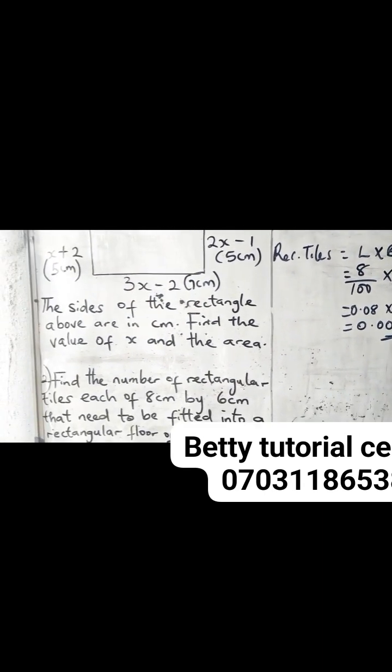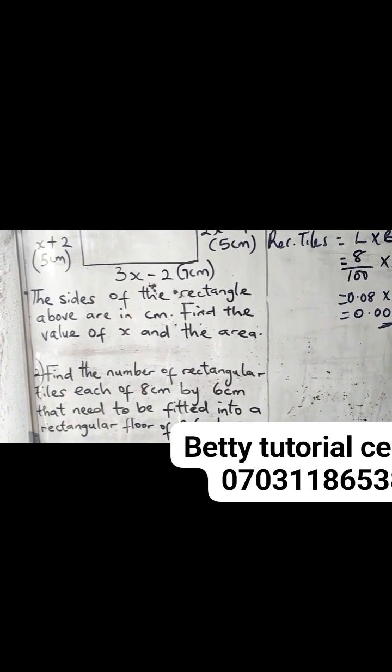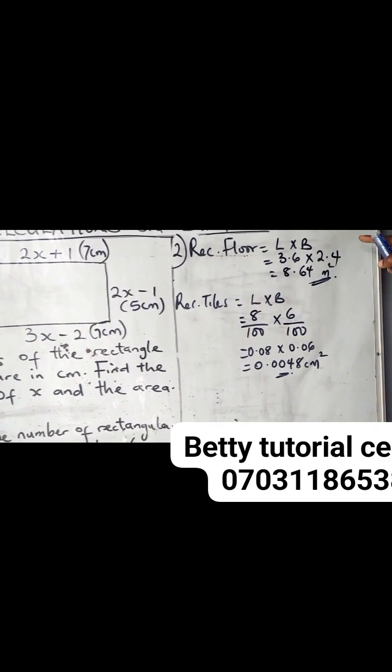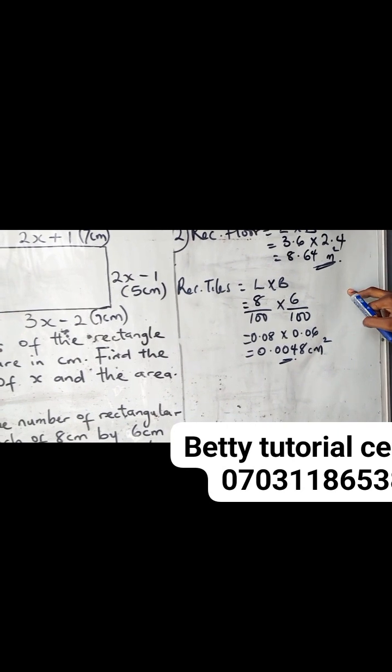Now, how do we calculate the number of tiles needed? The formula is the area of the rectangular floor divided by the area of the tiles.